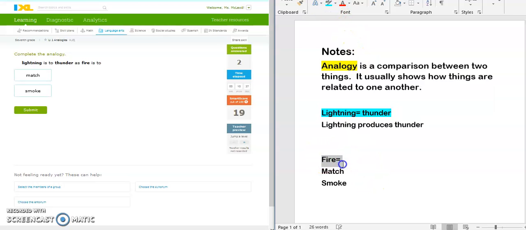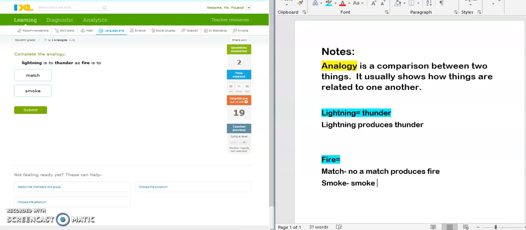Does fire produce a match? No. A match produces fire. So what about smoke?